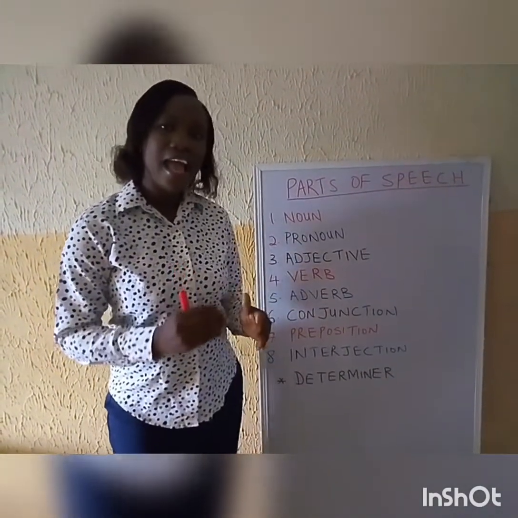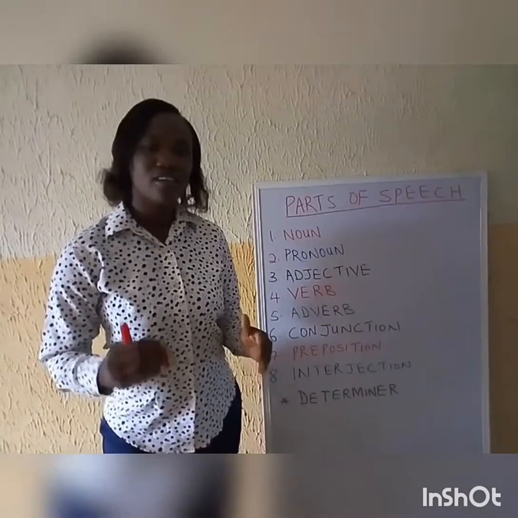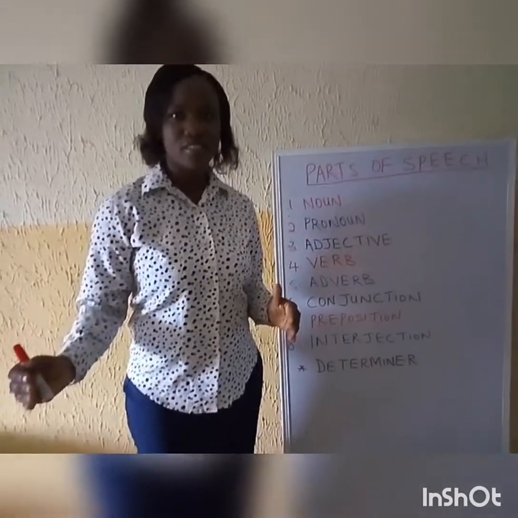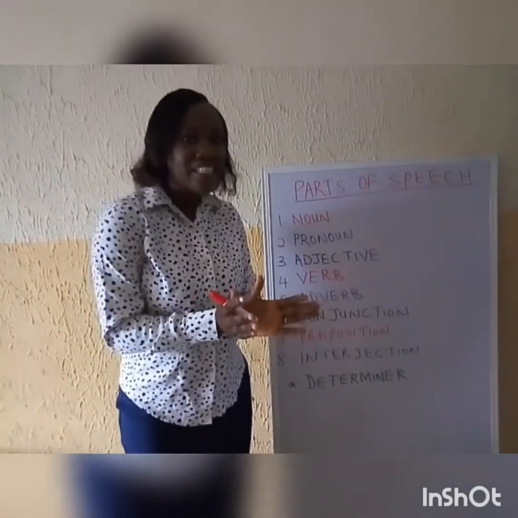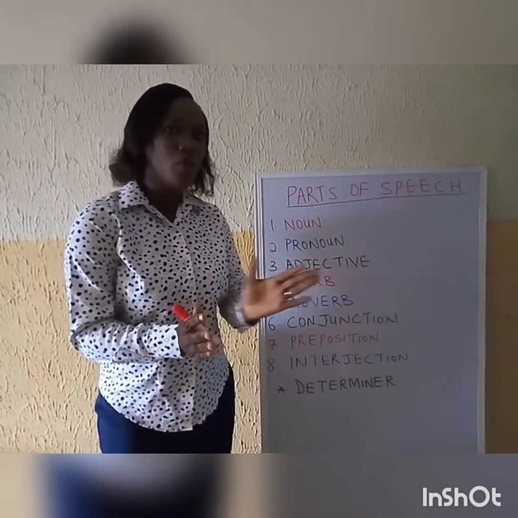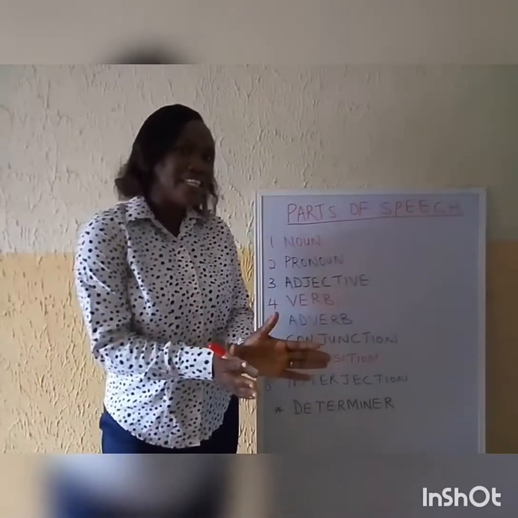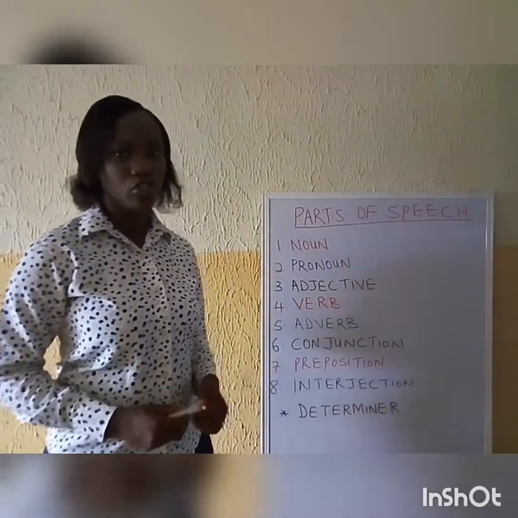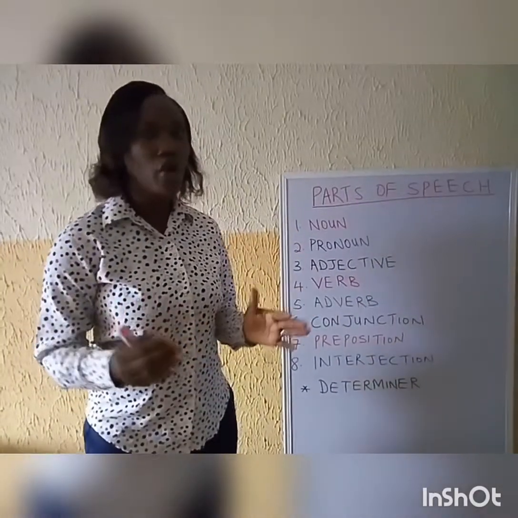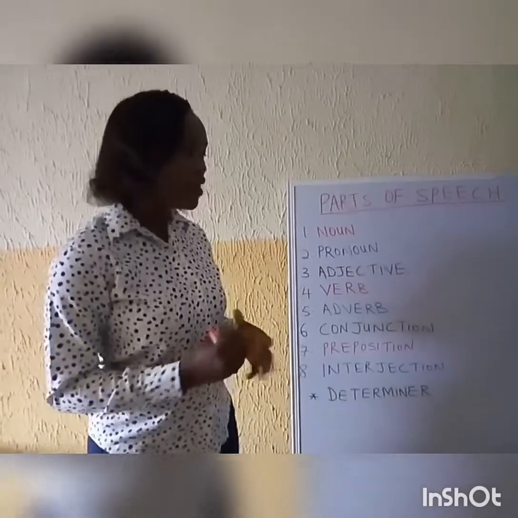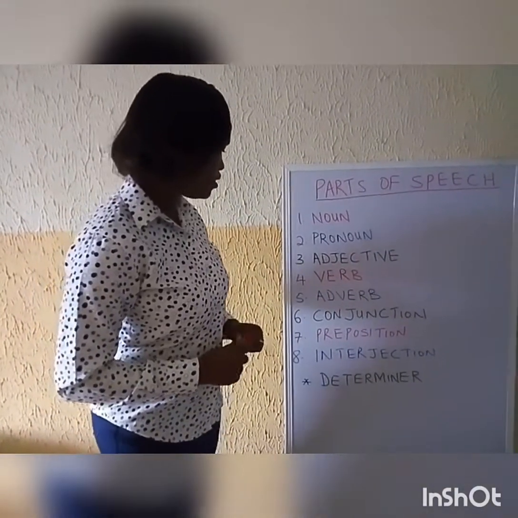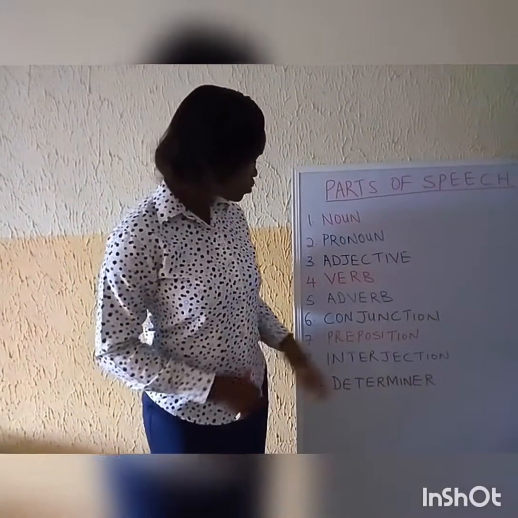Paul and Peter followed Jesus. And is joining Paul and Peter, joining the two words. So and in that sentence is a conjunction. So any word we use to join two elements, we call that word a conjunction.